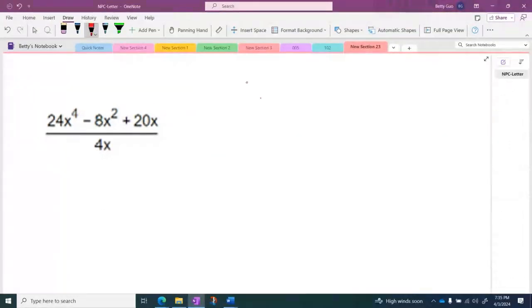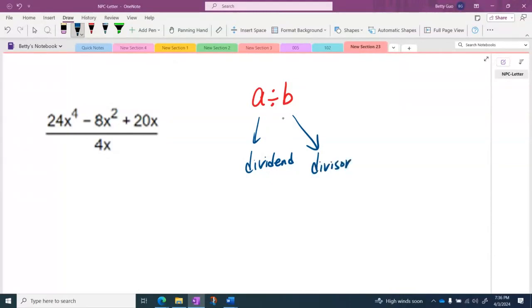Let me explain. When we divide a by b, a is called the dividend. B is called the divisor. They have different names and play different roles.